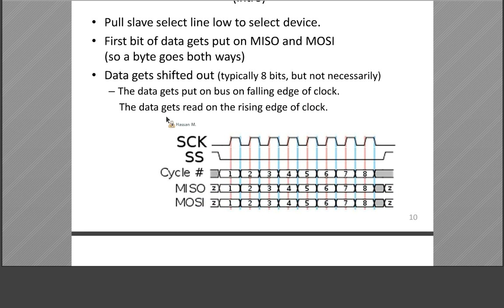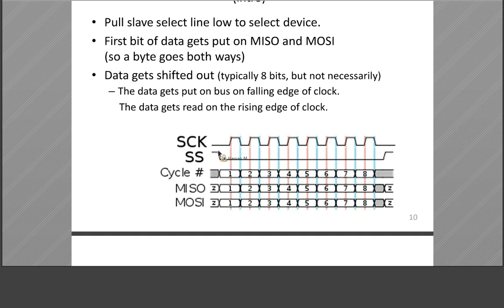Here the data gets put on the bus on the falling edge of the clock. Data is on the bus on the falling edge, and the data gets read on the rising edge of the clock. Okay, for example, the master puts the data on the MOSI line at the falling edge, and a slave gets the bit on the rising edge.